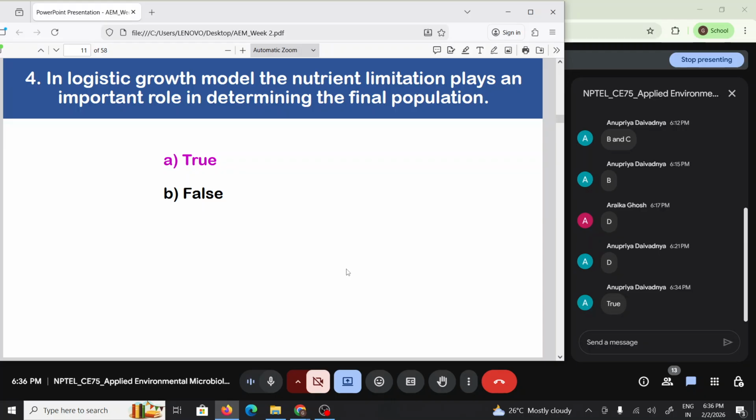Based on this equation, we can see that the final population is related to the carrying capacity. Carrying capacity is the maximum population that the environment can support. The environment depends on the nutrition that is present.